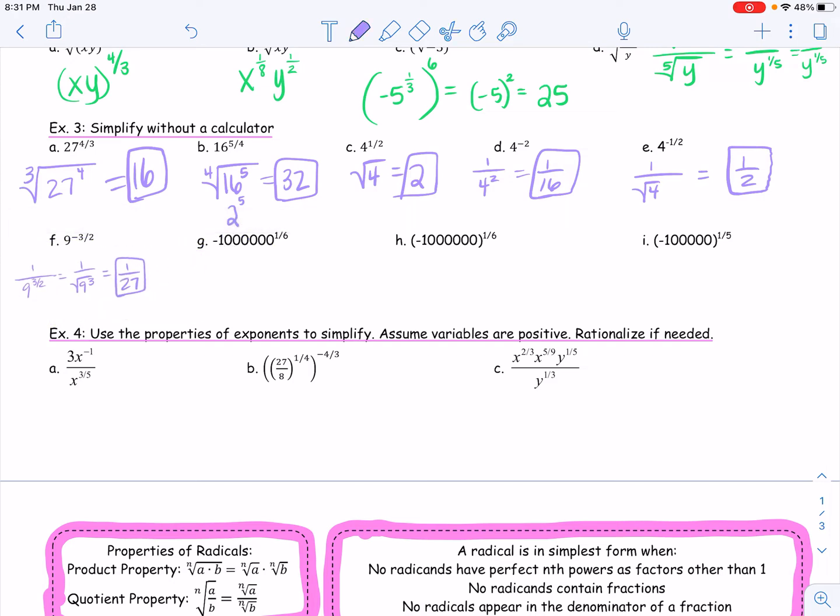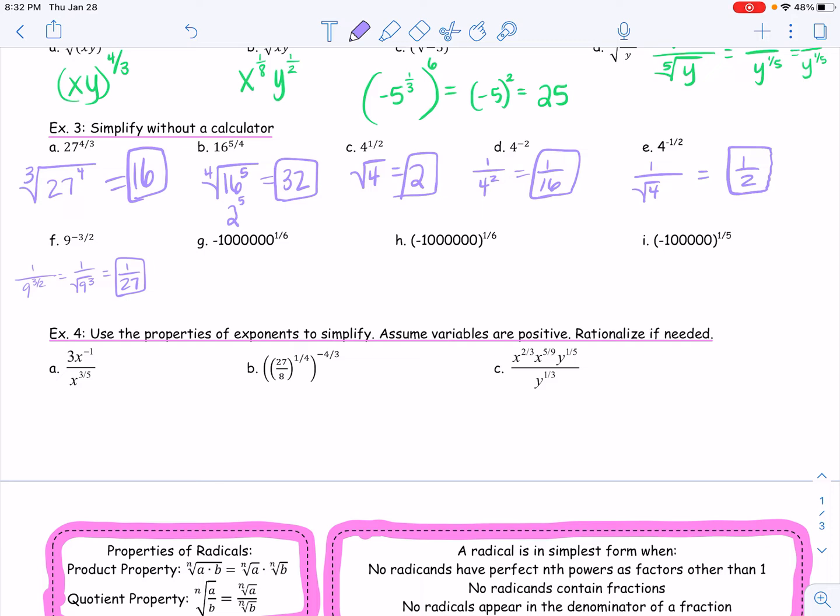Okay, look at G, H, and I. All of them are very, very similar, but very, very different, okay? Main difference in G and H, because the exponent is the same, they both have a negative. One is inside the parentheses, one is not.